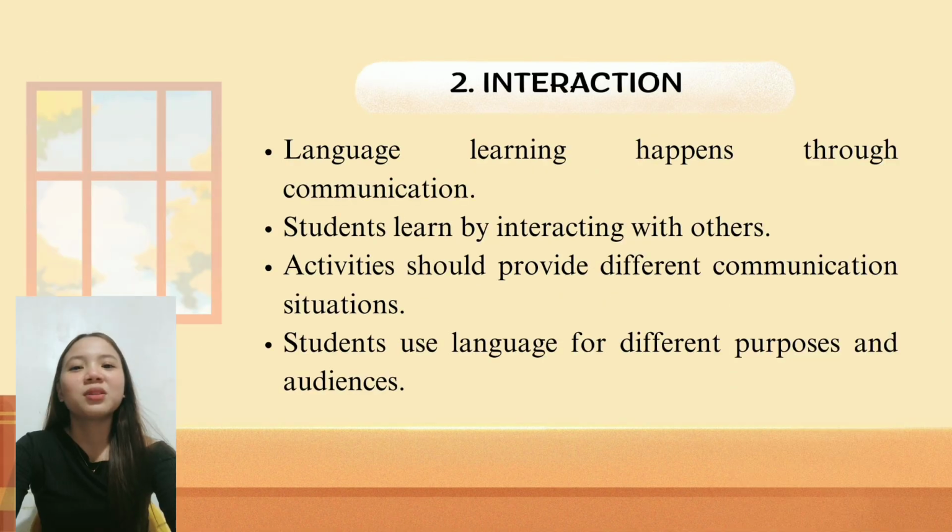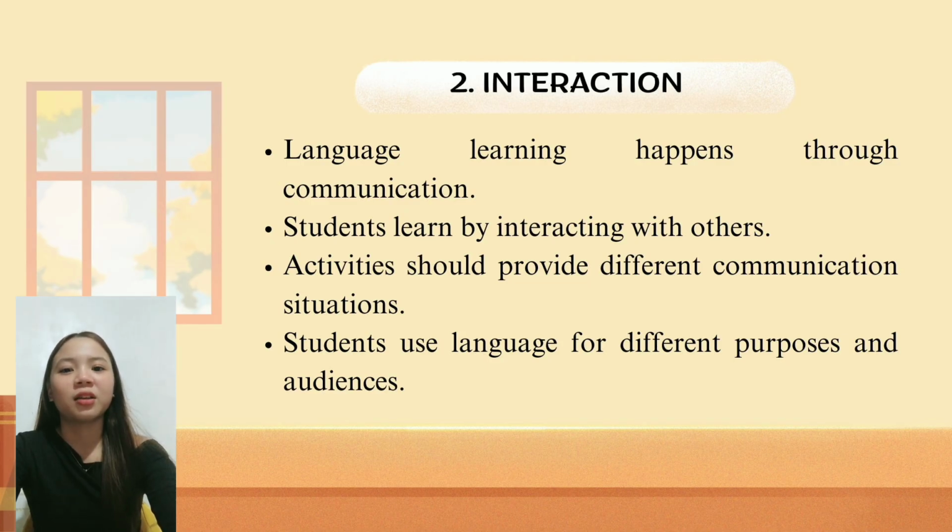So now let's proceed to the second principle, the interaction. Interaction means that language learning happens through communication. Students need opportunities to use the language and communicate with other people. For example, teachers can use pair conversation, group discussion, interviews, role playing, and presentation.